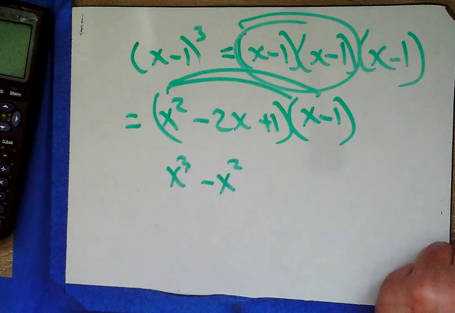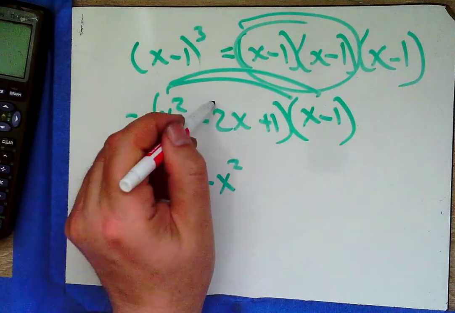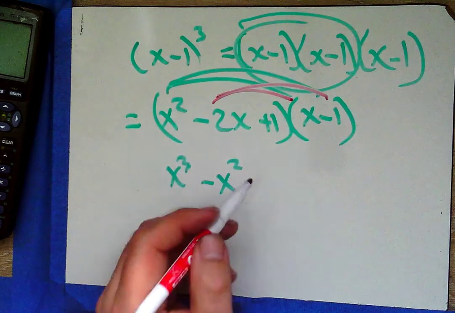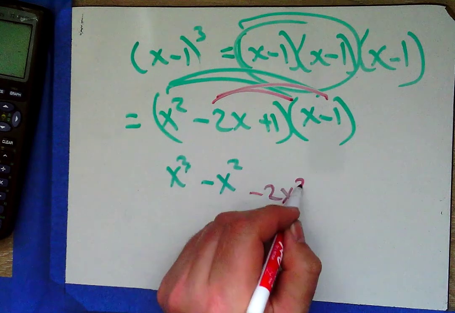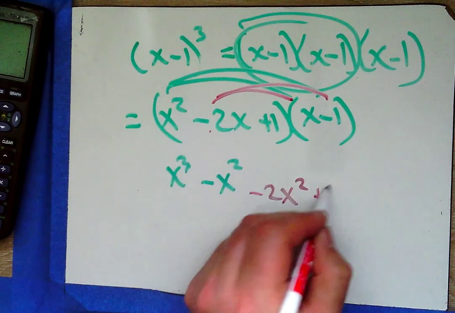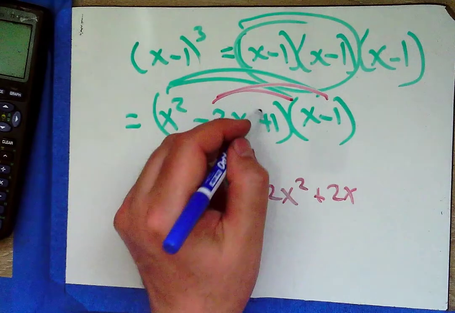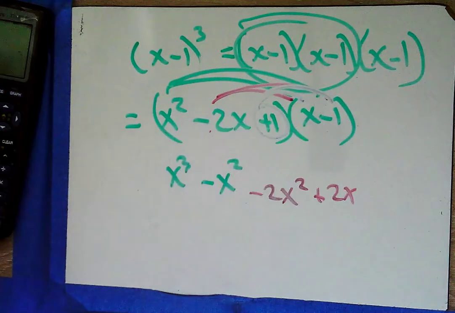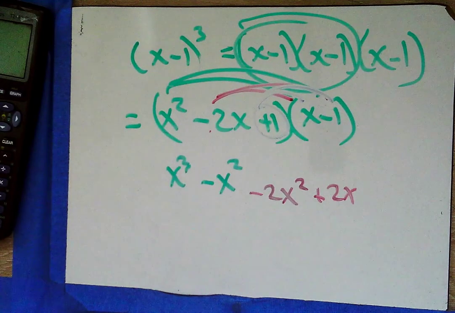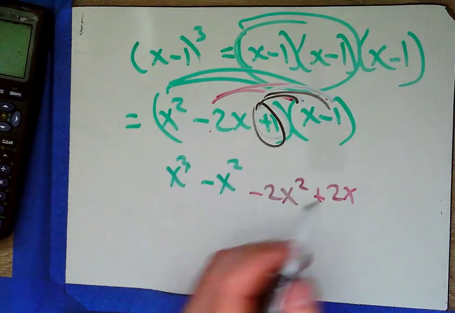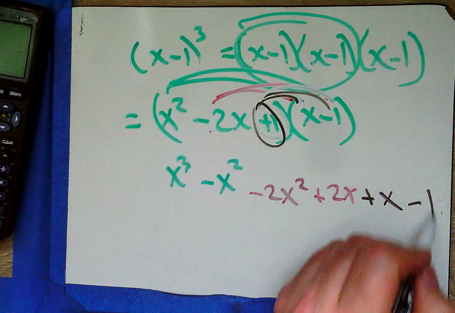And then I'm going to multiply this negative 2x times each of these, and have negative 2x squared minus a minus is plus 2x. And then finally, I'm going to multiply this times each of these, and so I'm going to have x minus 1.